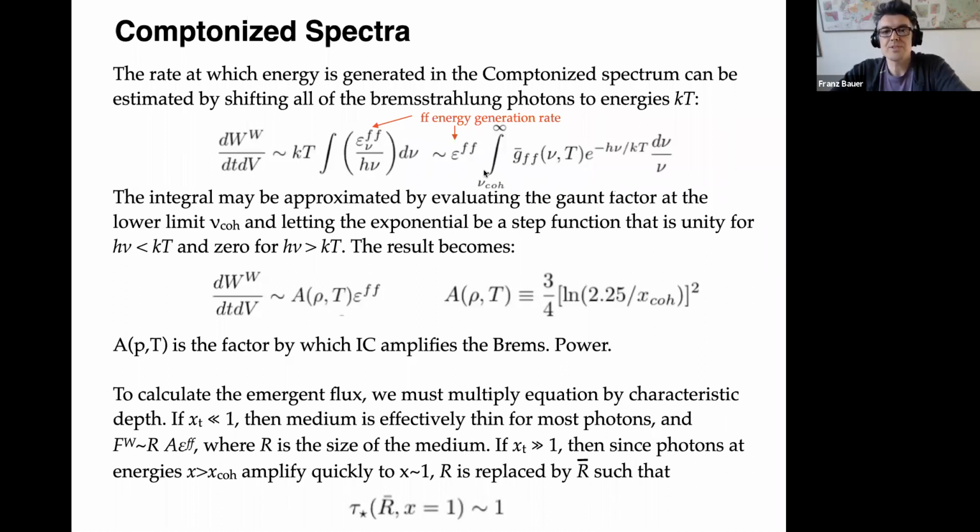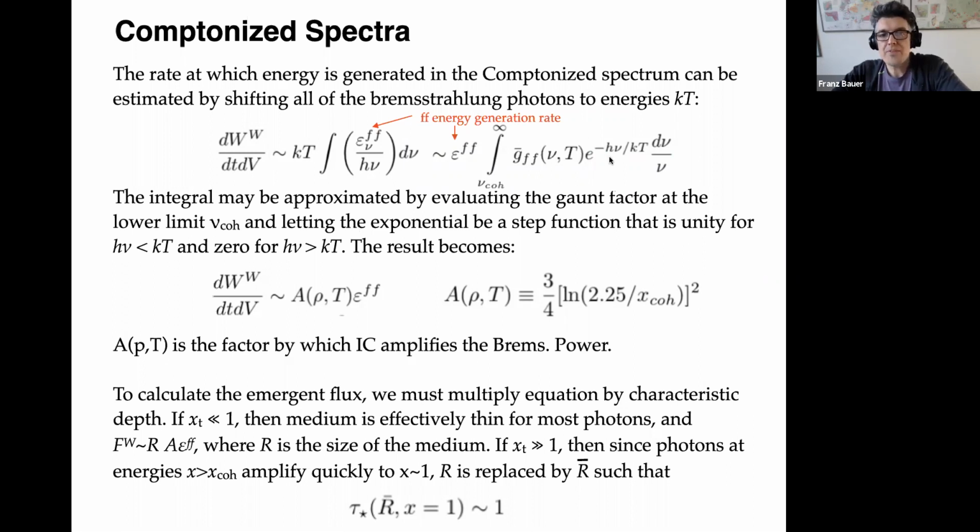We've taken all the energy, and because it's all piling up around 3 KT, we can remove it. We have a mild temperature dependence from the Gaunt factor, and we have our exponential here. We would just integrate, it's a 1 over frequency, between the coherent frequency and infinity. This is going to give us the total amount of work done as a function of time, as a function of this total volume.